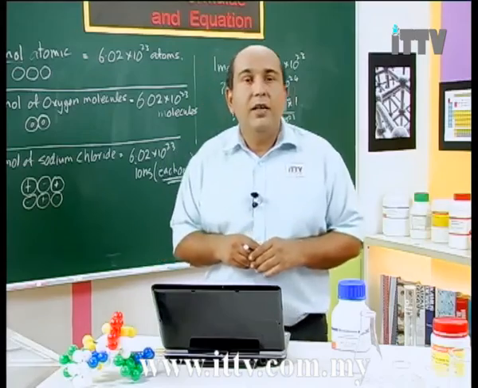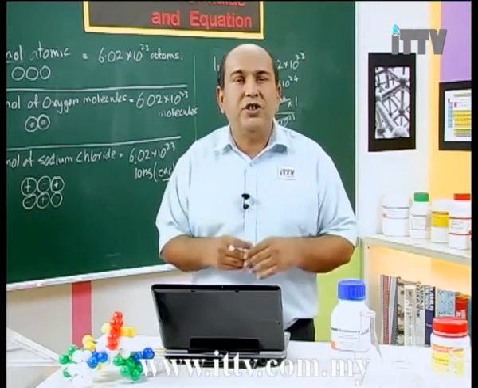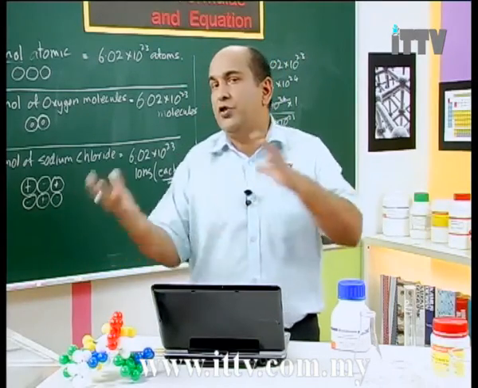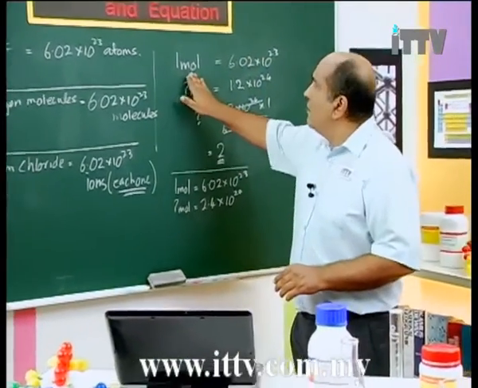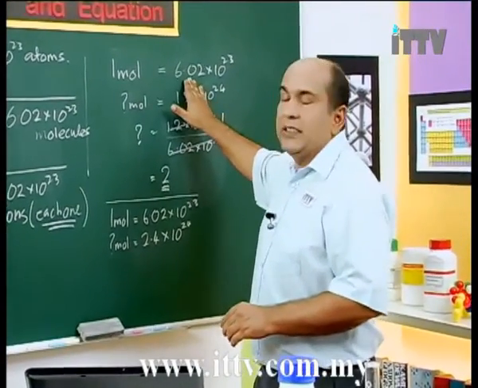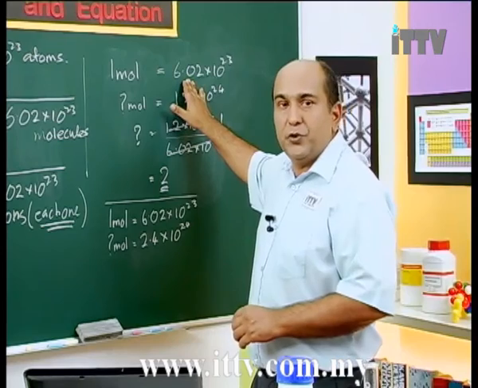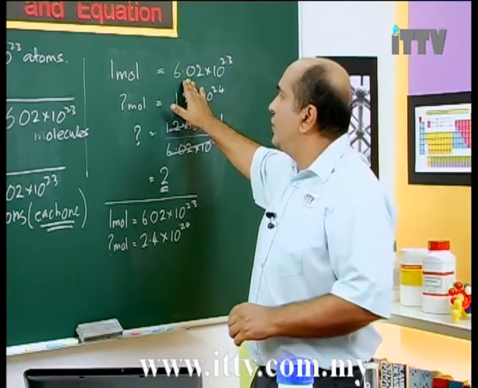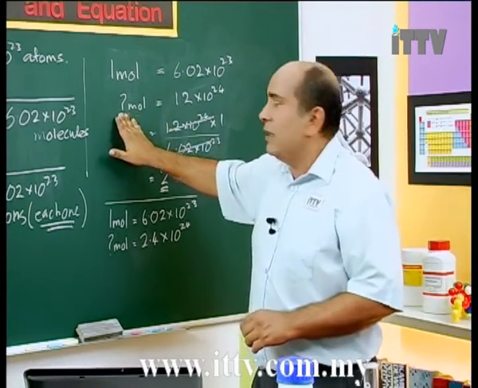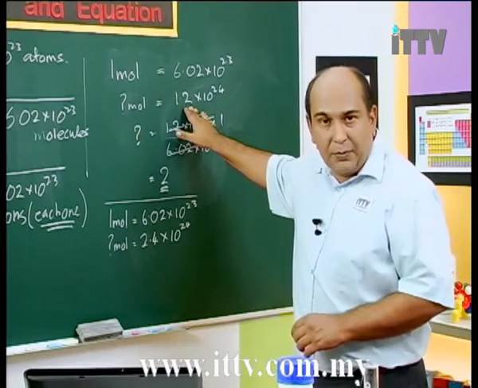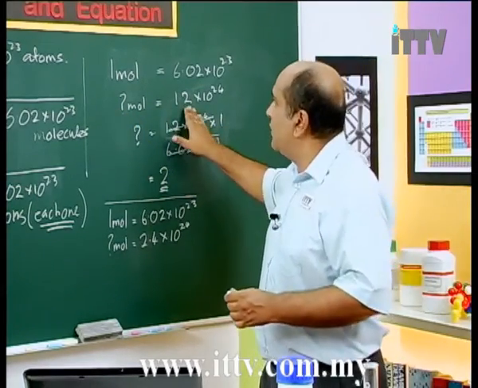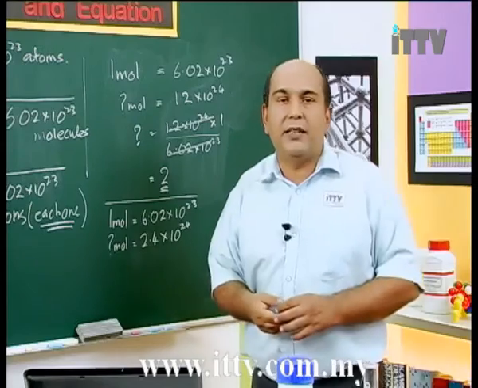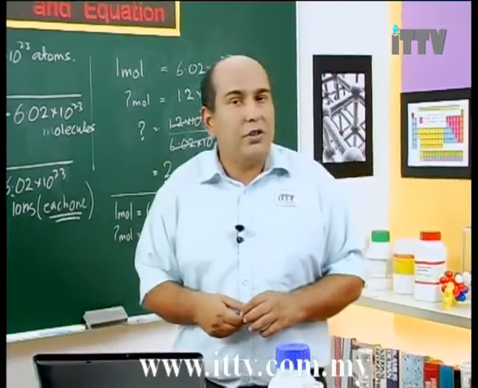And finally, when you are given a question where they give you the particles and they ask you to find the moles, remember the simple way of doing it. 1 mole is always equal to 6.02 times 10 to the power 23. So if this is unknown and this is known, you can cross multiply. If this is known and this is unknown, you can still use the same method because it's the same cross multiplication.